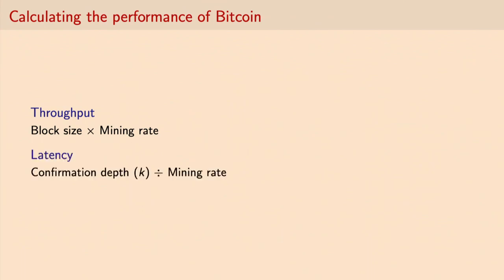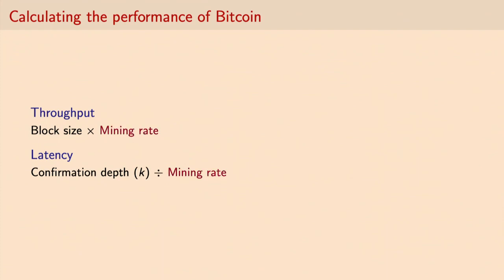And then we have latency, which is how long it takes for us to confirm a transaction. We can calculate that by dividing the confirmation depth K we just talked about by the mining rate. Okay, so far it seems that we have a good solution to improve the performance.